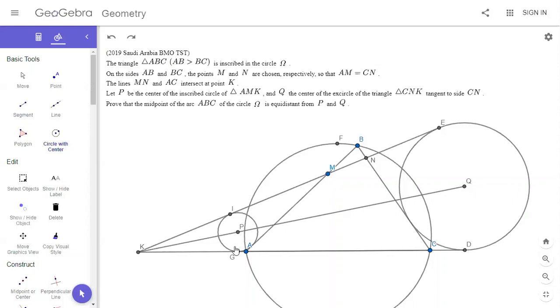Yeah, FMA is congruent to FNC. Let me draw that in. So FMA is congruent to FNC. Basically, I proved that in my video on Archimedes' theorem. And I want to show that FP equals FQ.